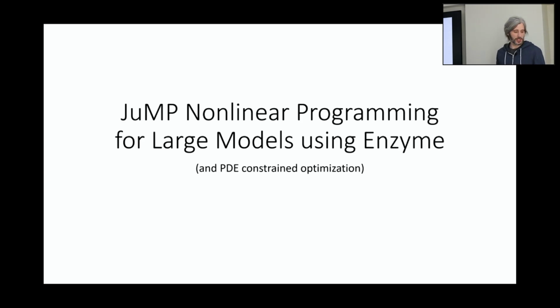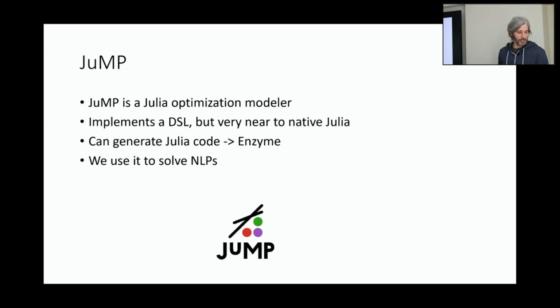So JuMP is a package that was very early on in Julia. It's an optimization modeler. It's very well maintained. It has very good documentation. It has very nifty features if you want to do optimizations, like the bridge feature, where you have a formulation of your problem and you want to reformulate it, and instead of doing that, you just say which reformulation you want to use.